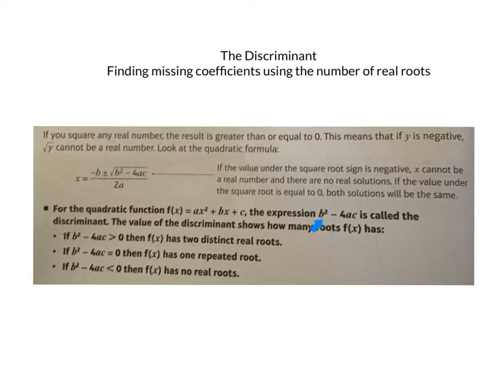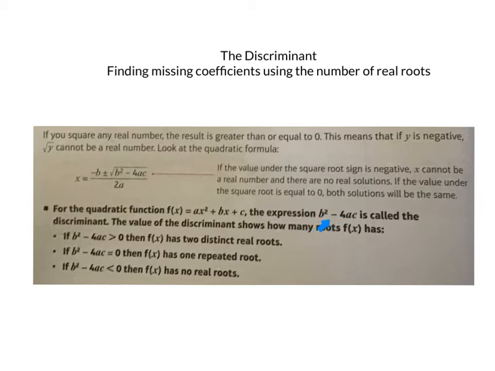Okay, so if you've got a quadratic equation or quadratic function in the form ax squared plus bx plus c, you can tell how many times it goes through the x-axis, or if it's equal to 0, how many solutions there are.